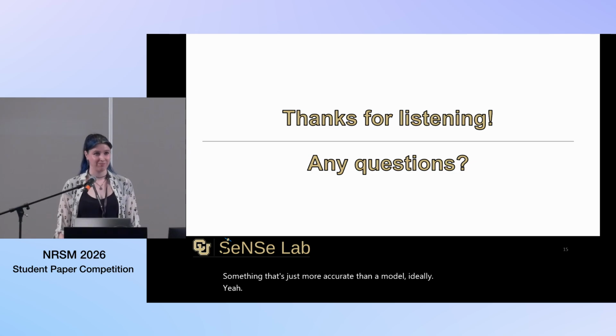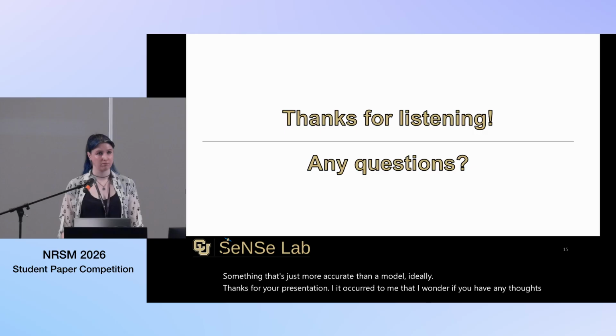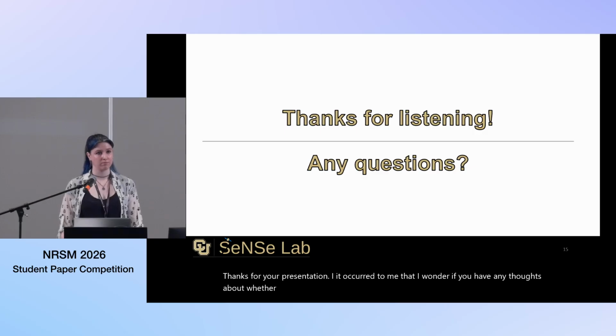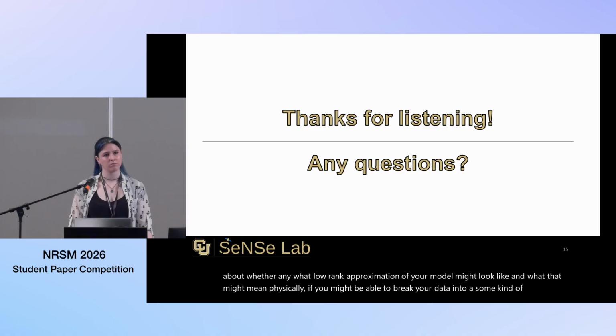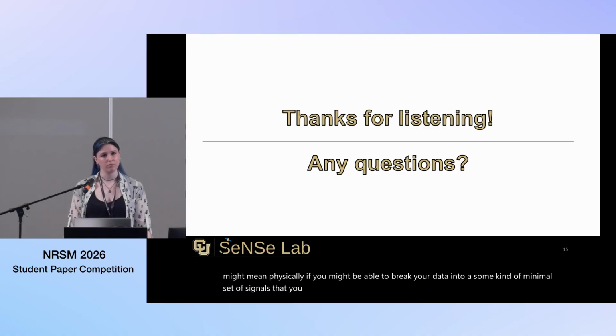Thanks for your presentation. I wonder if you have any thoughts about what a low rank approximation of your model might look like, and what that might mean physically, if you might be able to break your data up into some kind of minimal set of signals that you need to get a good enough approximation for your model.